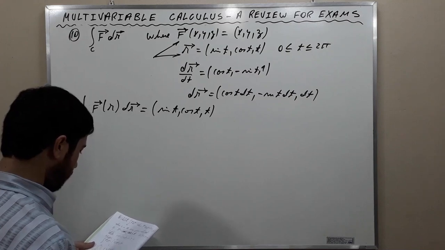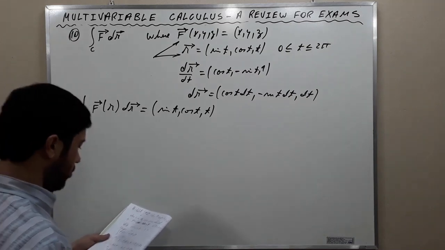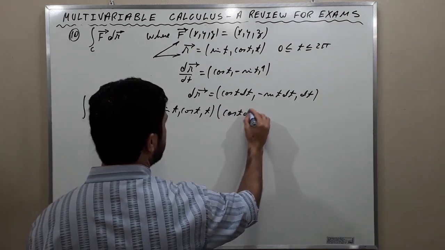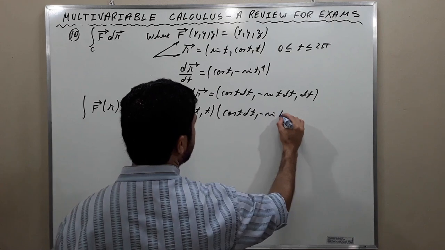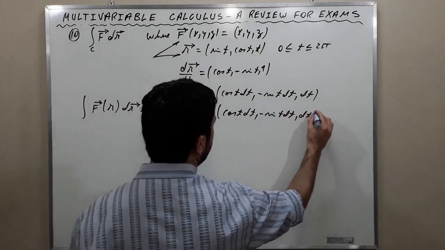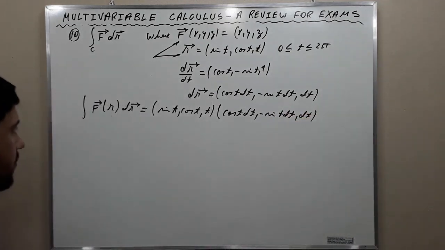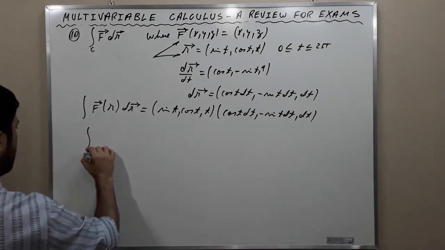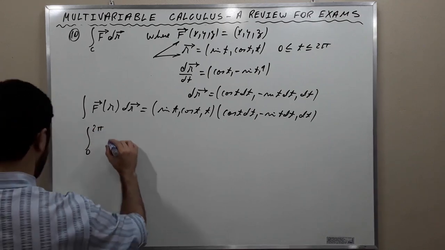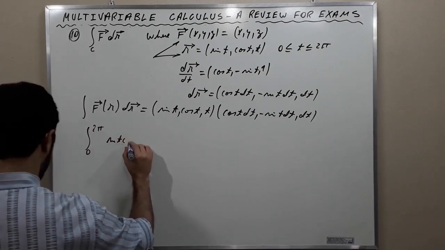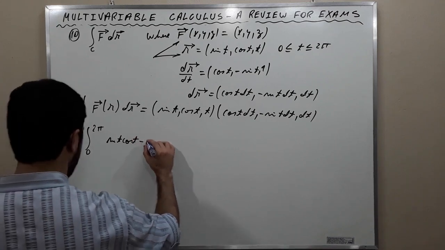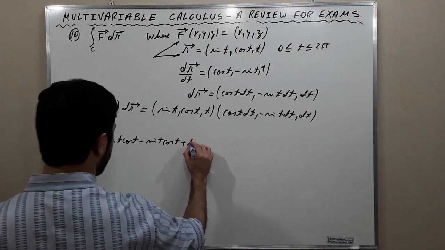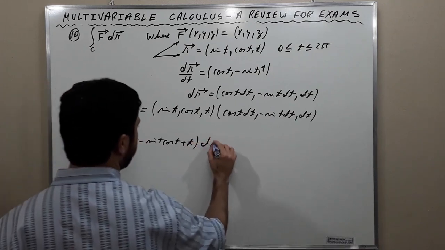And the derivative will be cosine t dt, minus sine t dt, and dt. And by developing this, we get that the function is the integral from 0 to 2 pi of sine t cosine t minus sine t cosine t plus t dt.